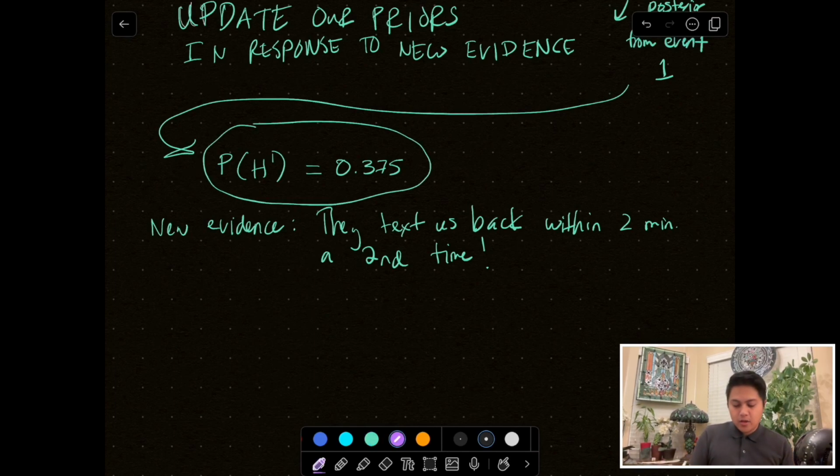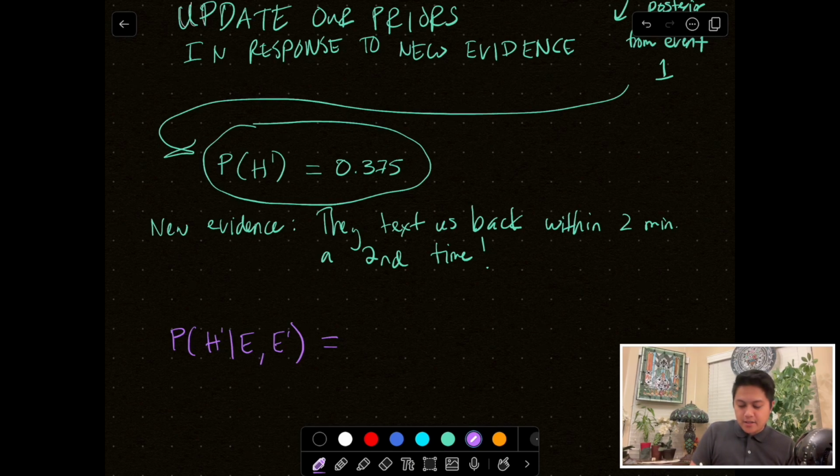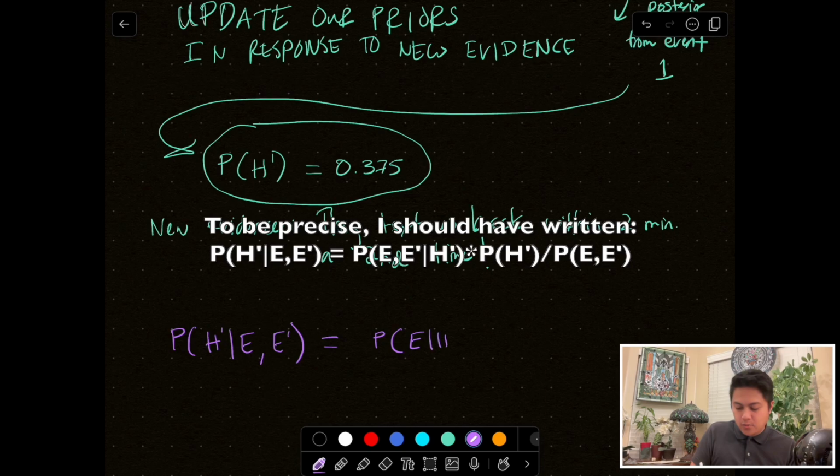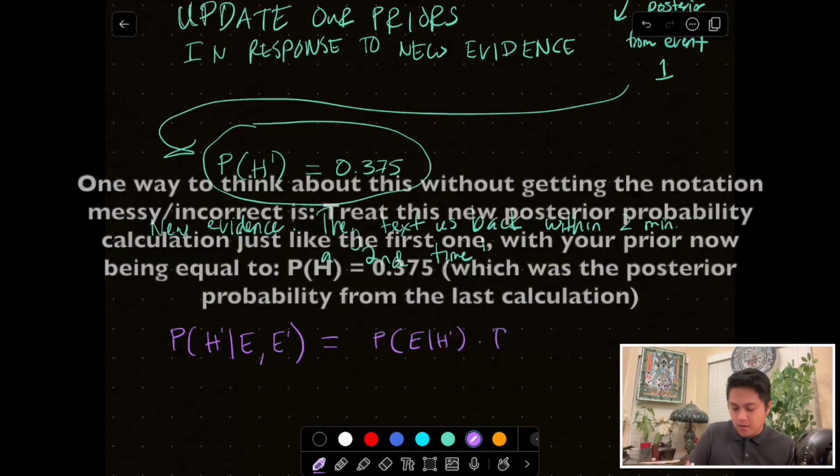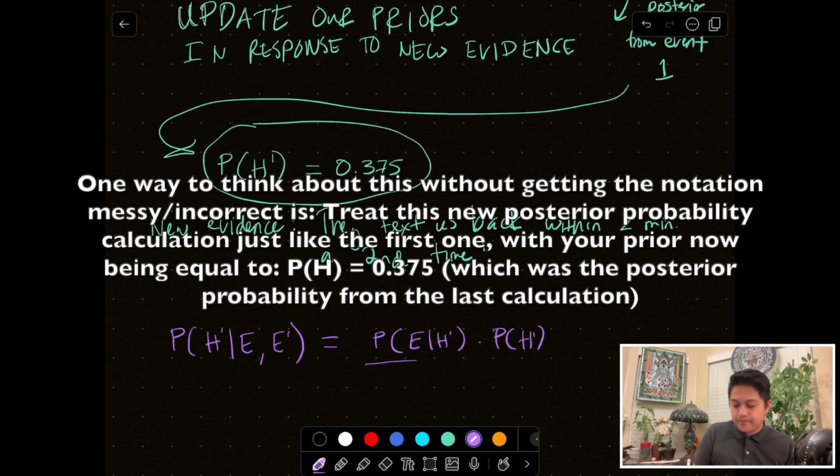And again, we just calculate P of H given E, let's say E prime maybe. Maybe I'll write it like this. We saw E and we saw E prime. And this is equal to, I'm going to make a prime here, just to say this is new, P of E given H prime times P of H prime.